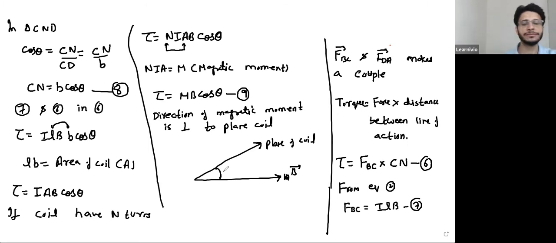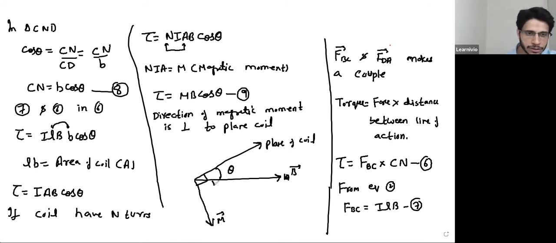It's theta. But you said that magnetic moment is perpendicular to the plane of coil. That means your magnetic moment should be in this direction, right? Angle between plane of coil and magnetic moment is 90 degrees.